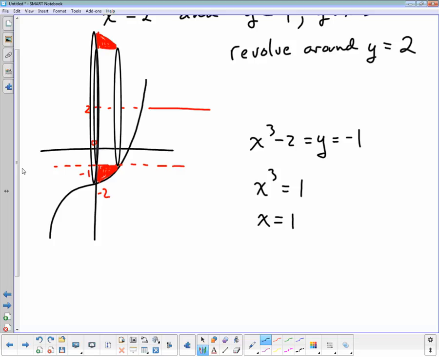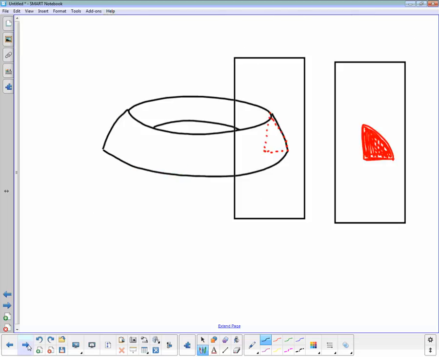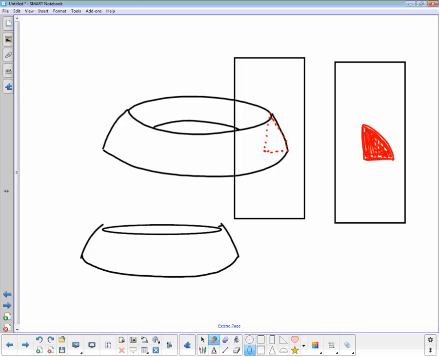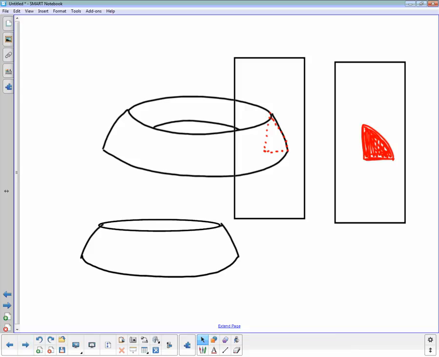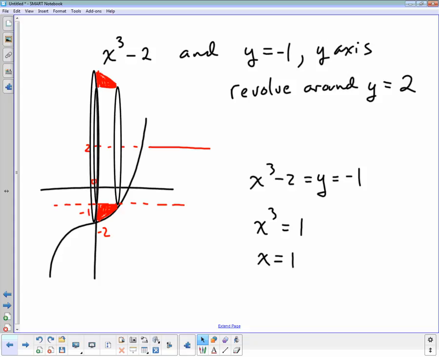See, we're starting off with the outer piece, which looks kind of like that. It's like a solid disc. And then we chop out the middle piece. So to do that, we set up two integrals.